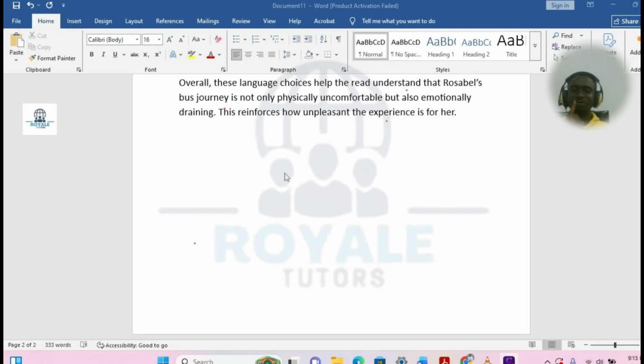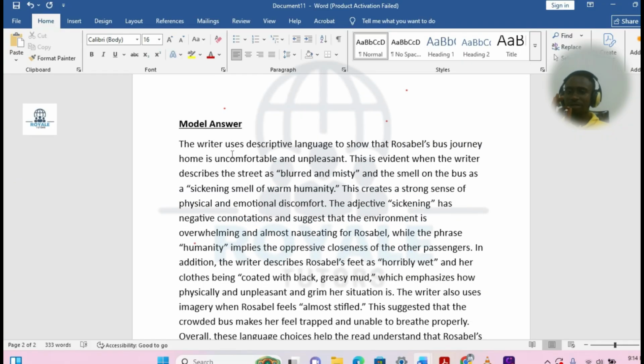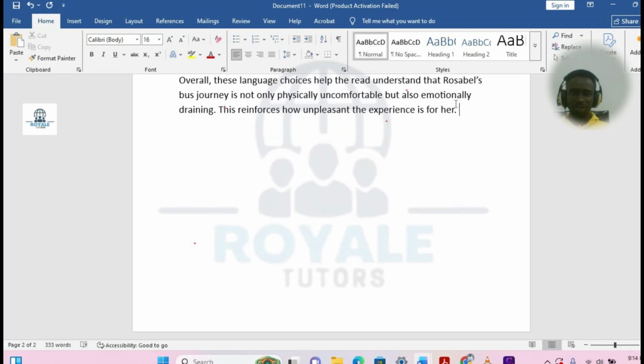Nonetheless, I'm going to give you a task, which is going to be your take-home work. And this task is going to be very, very simple. What exactly is this task? You need to do a second paragraph. We have talked about a major point for the first paragraph: how the writer uses descriptive language to show that Rosabel's bus journey home is uncomfortable and unpleasant. Then you're going to come up with a new paragraph.